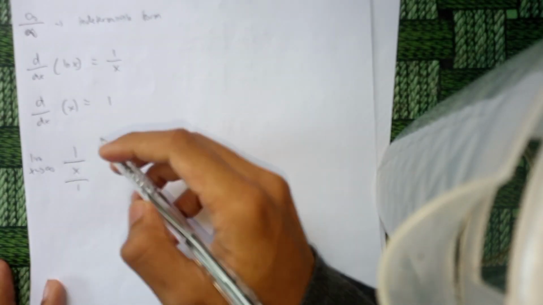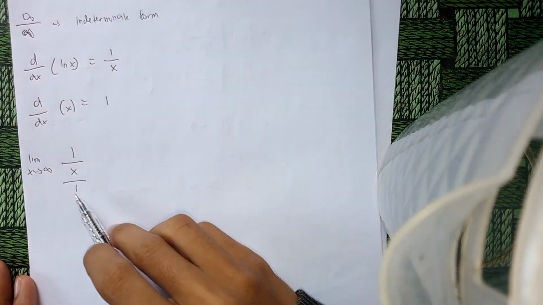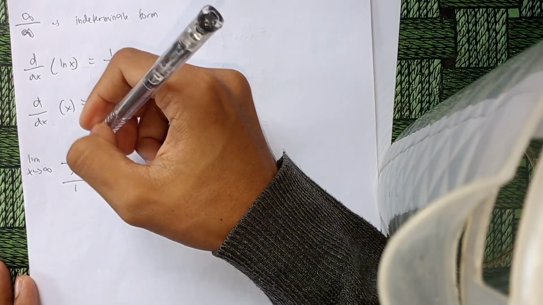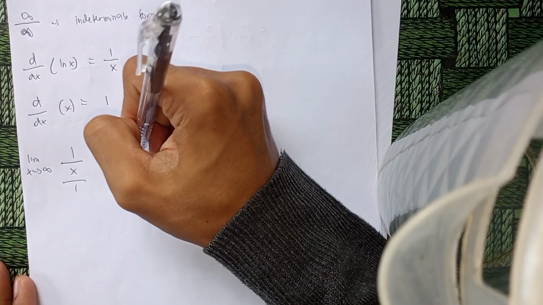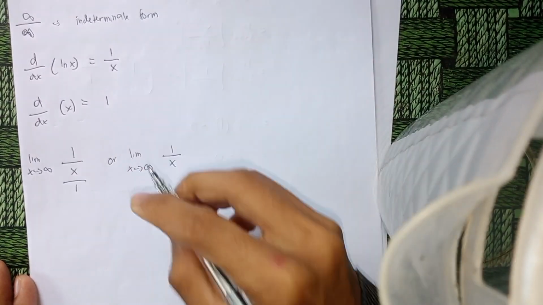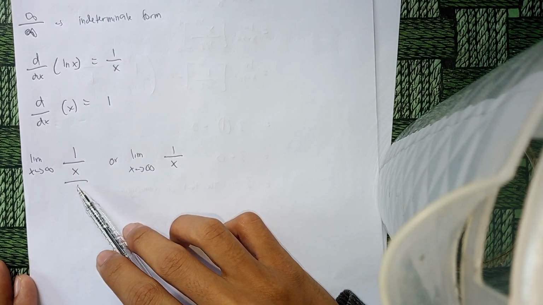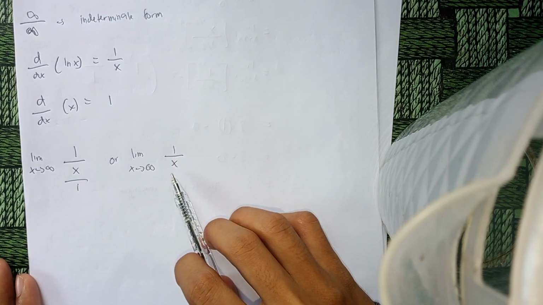Then after that we will apply the limit. Since the denominator is 1, we can write this as the limit of 1 over x as x approaches infinity. Since the denominator is 1, we can consider not writing 1.